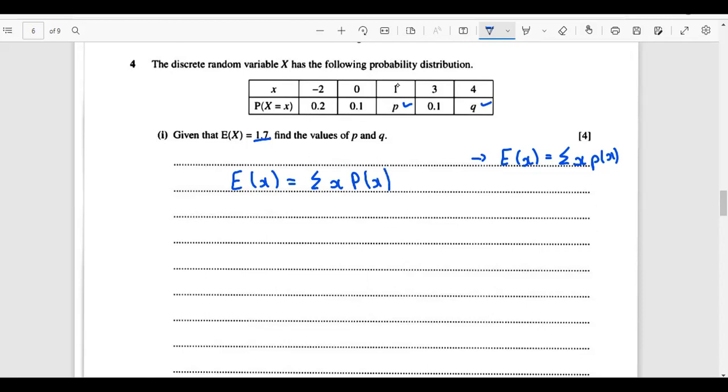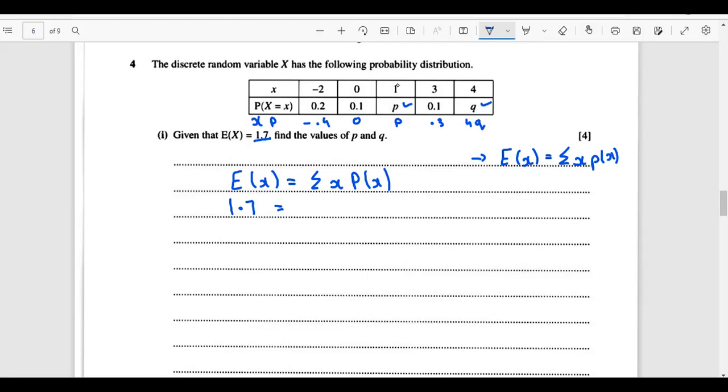Expected value is 1.7. And for finding this out, I need to write down xp here. I need to multiply them and write it down. So this would be negative 0.4. This would be 0. This would be p. This would be 0.3 and this would be 4q. Very good.